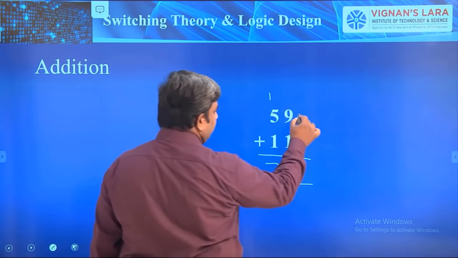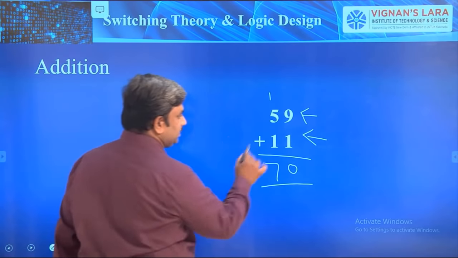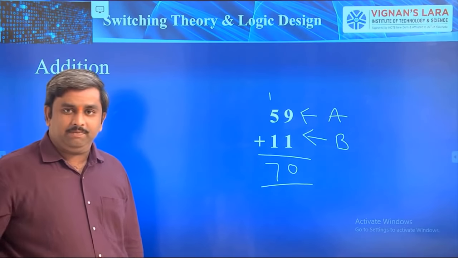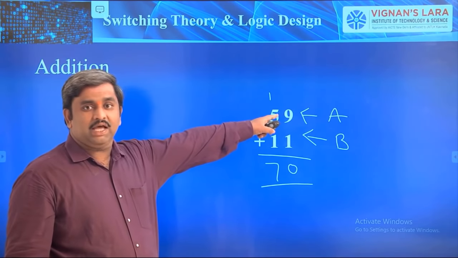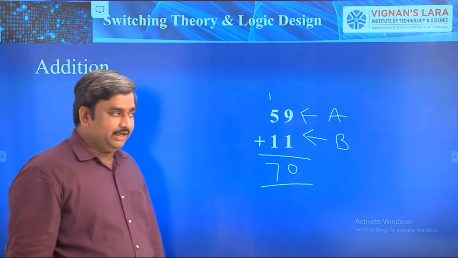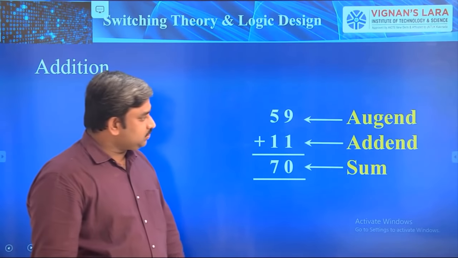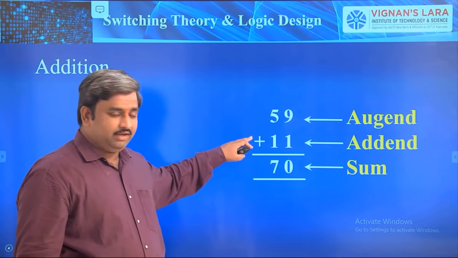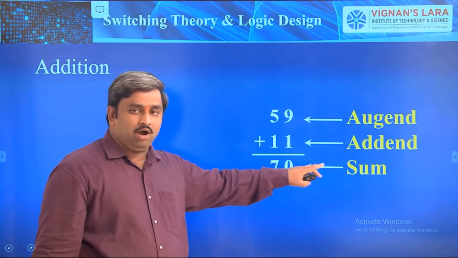In general, consider this is A and this is B. What is the name for A and what is the name for B? The name for A is augend and the name for B is addend. So 59 is called augend, 11 is called addend, and the final result is called sum.